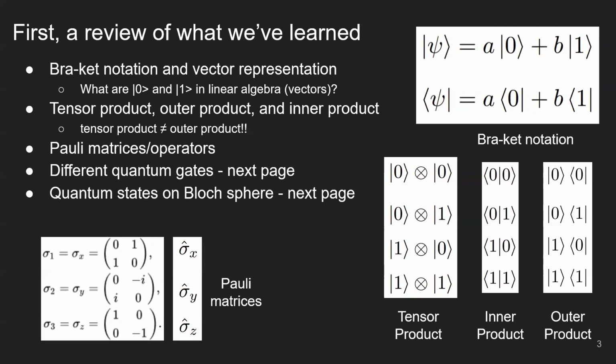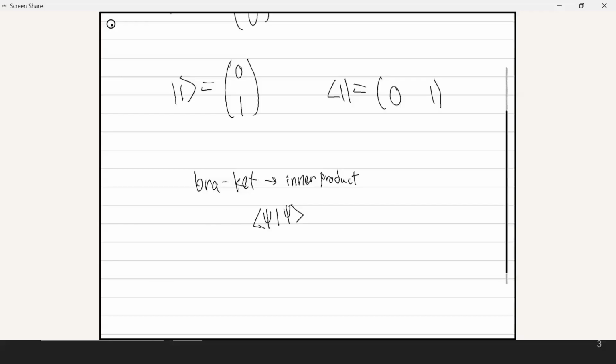Can anyone tell me what the constraint is on those A and B coefficients? Right, yeah. A squared plus B squared has to equal 1.